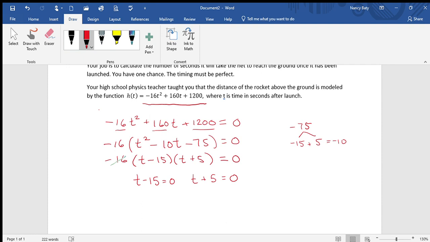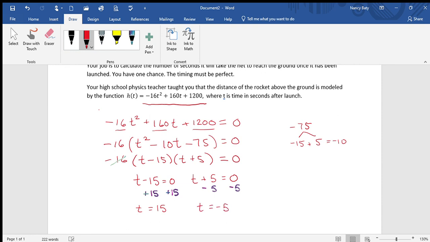So I have these two linear equations, and I'm going to solve them by using properties of equality. So I'm going to add 15 to both sides of this equation, and that gives me t equals 15. And I'm going to subtract 5 from both sides of this equation, which gives me t equals negative 5.